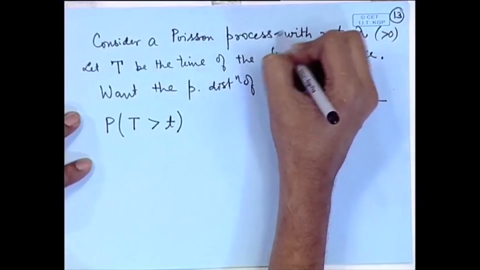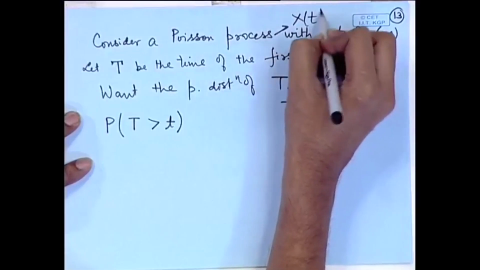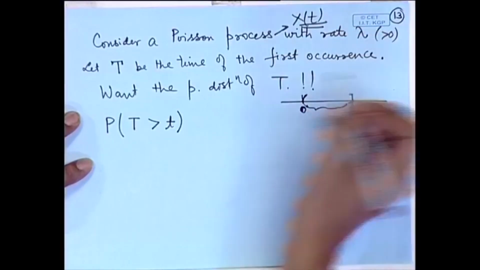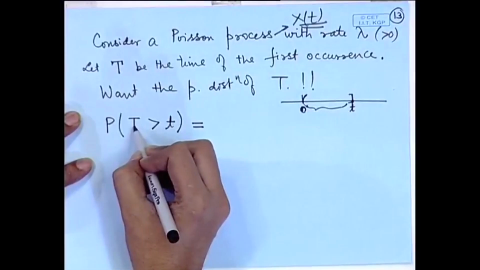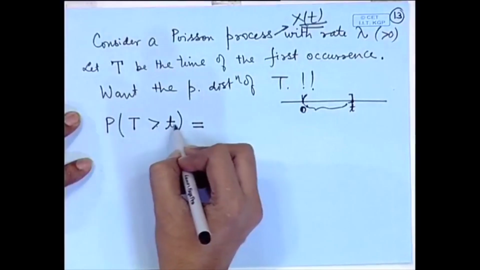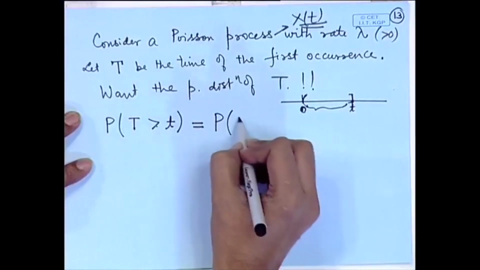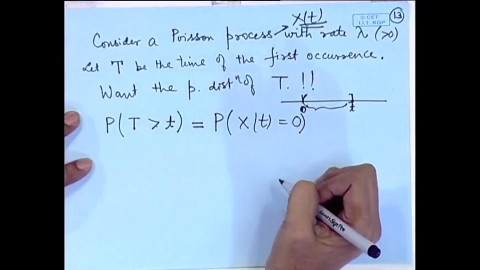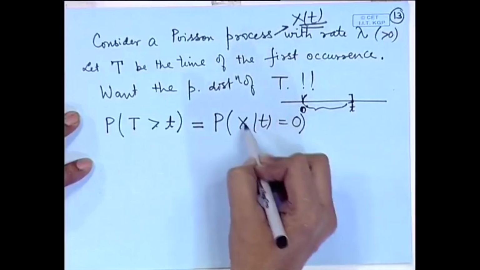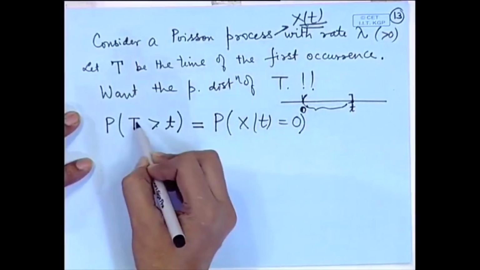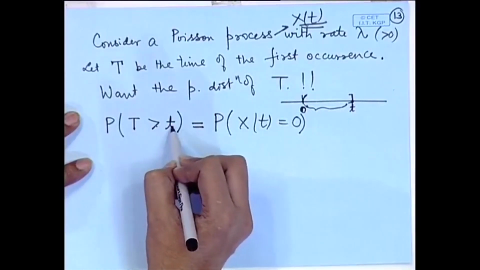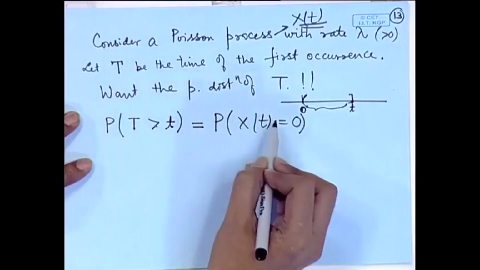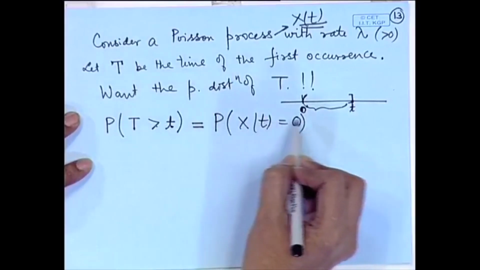So, if we are considering this Poisson process as X(t), then the event capital T greater than small t is equivalent to the probability that X(t) is equal to 0. Because if there is no occurrence in the interval 0 to t, then capital T is definitely going to be greater than small t and vice versa. So, these two events are the same.